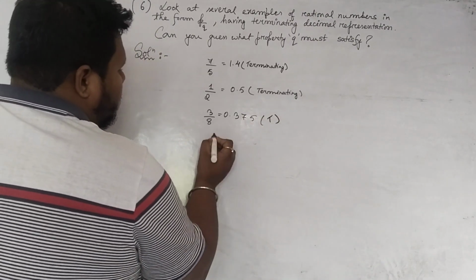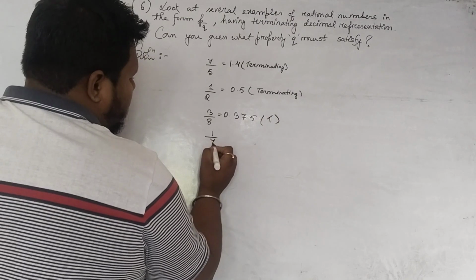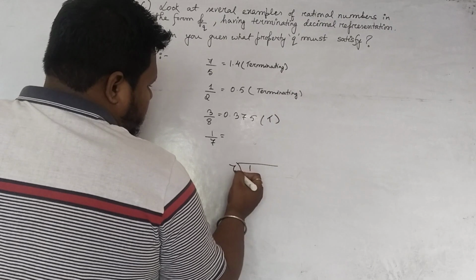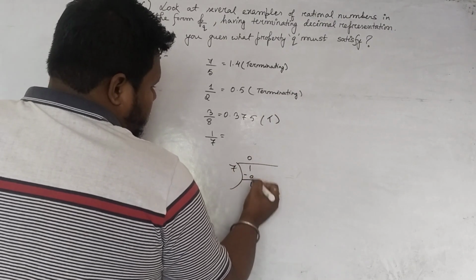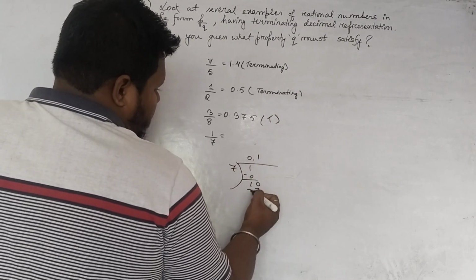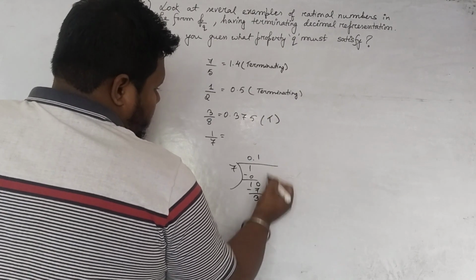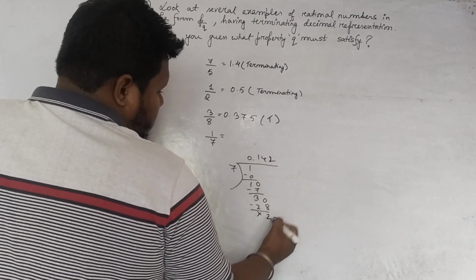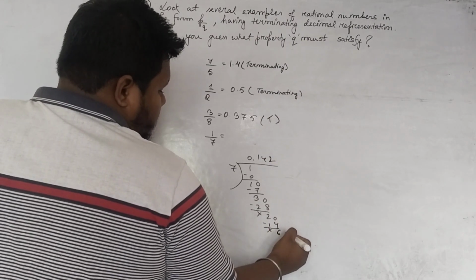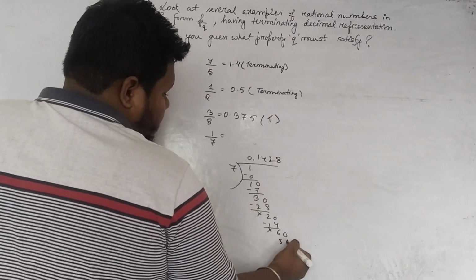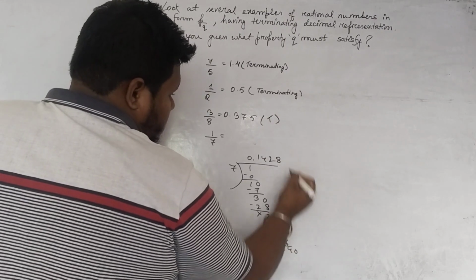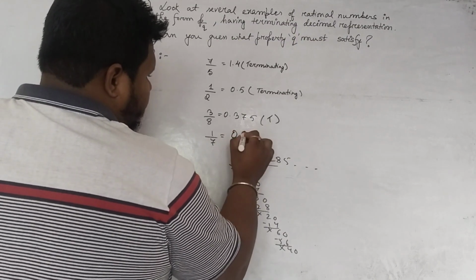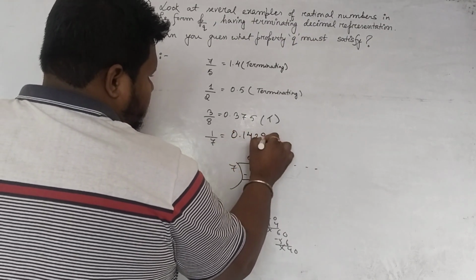Now if I take 1 by 7, 7 ones are 7, 7 fours are 28, 7 twos are 14, 7 eights are 56. So you see it is going on. So this is non-terminating, right?